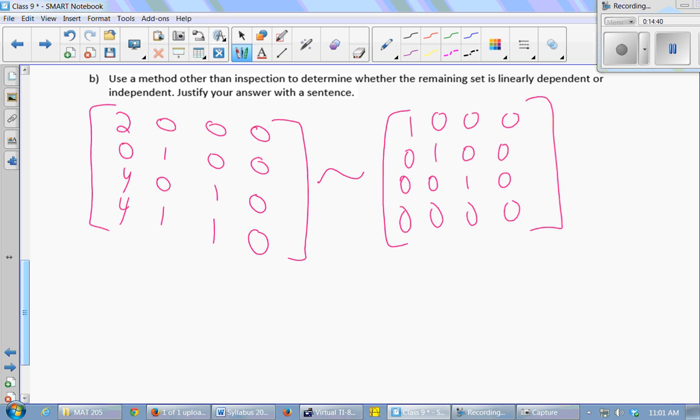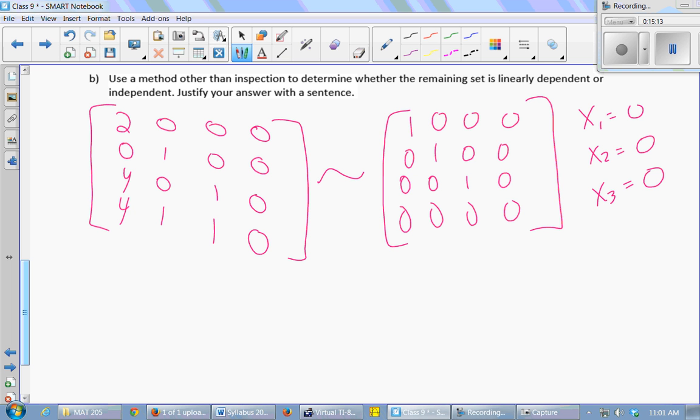Do we have any free variables? No free variables. This says x1 equals 0, x2 equals 0. Yeah, because you could just see if there was a pivot in every column. Yeah, that would work. Yep.